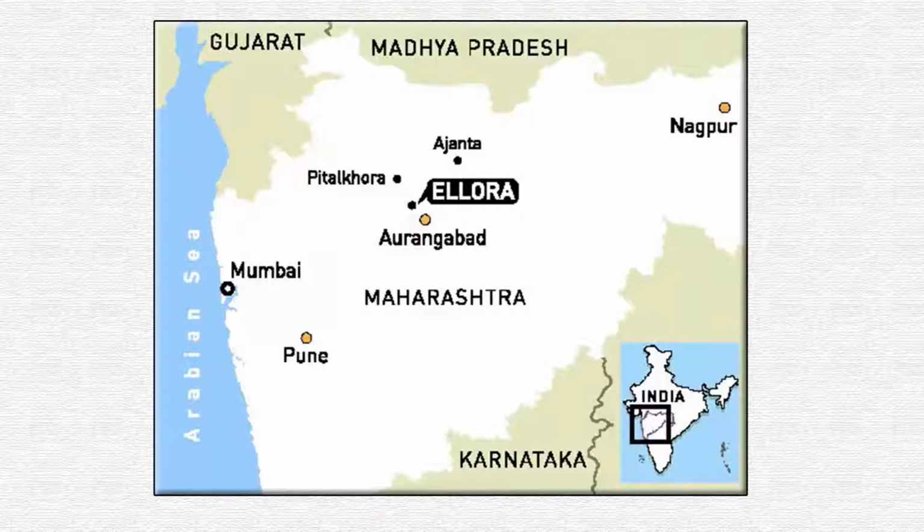In contrast, Ellora is located in the heart of Maharashtra near Aurangabad, also close to Ajanta, which we studied in the previous class, and not very far off from Mumbai.